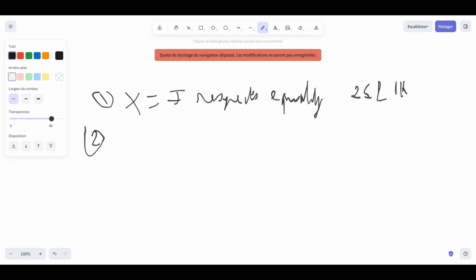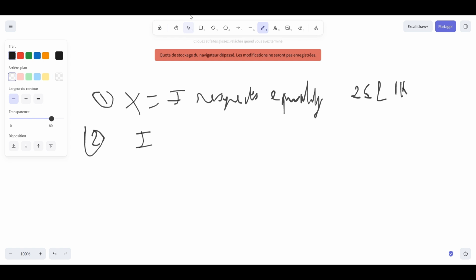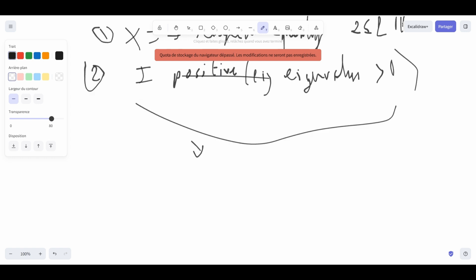And because I is positive with eigenvalues strictly superior to 0, because it has those two conditions, those two conditions imply that our primal, if you want, is strictly feasible.